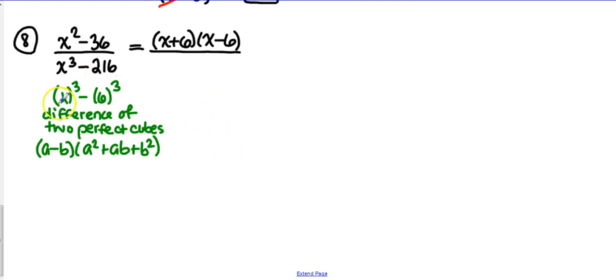So we will be using a is x, and b is 6. So let's see how that will work. A minus b becomes x minus 6. A squared will be x squared, plus ab is plus 6x, plus b squared is plus 36.